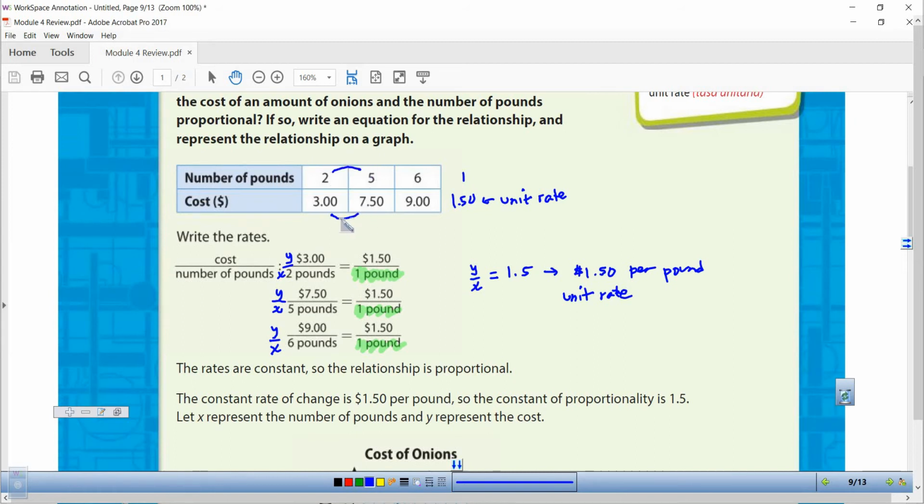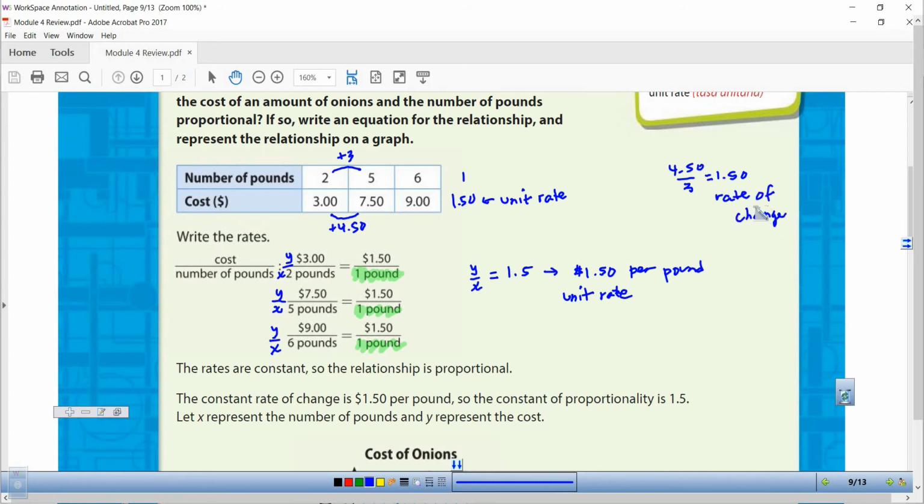And by the way, our rate of change would be our change in y over our change in x. And if you notice from here, from 3 to 750, it went up 450, and that one went up 3. And if I did 450 over 3, guess what I get? I get 1.50. So that is my rate of change.